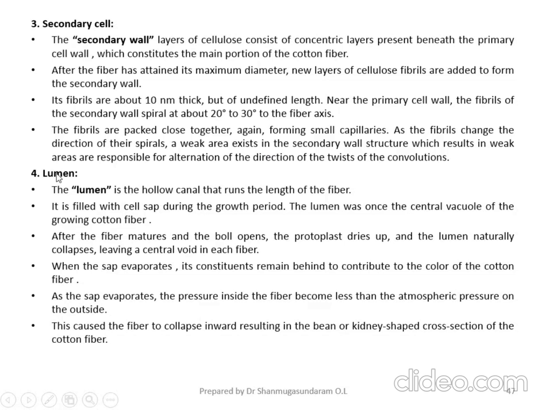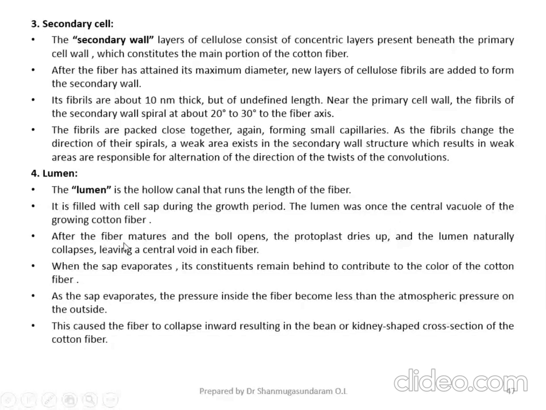Now let us discuss the lumen part. Lumen is the hollow canal that runs the length of the fiber. It is a hollow space present in your cotton fiber. It is filled with cell sap during the growth period. The lumen was once the central vacuole of the growing cotton fiber.